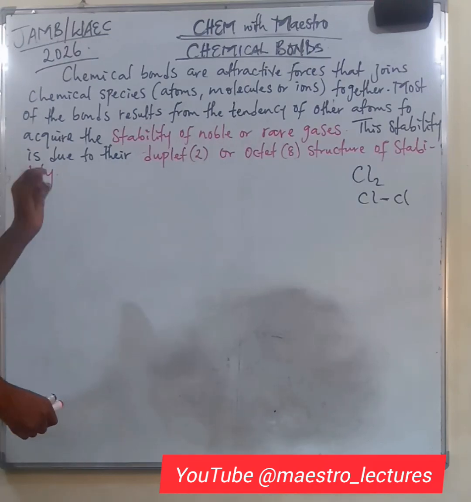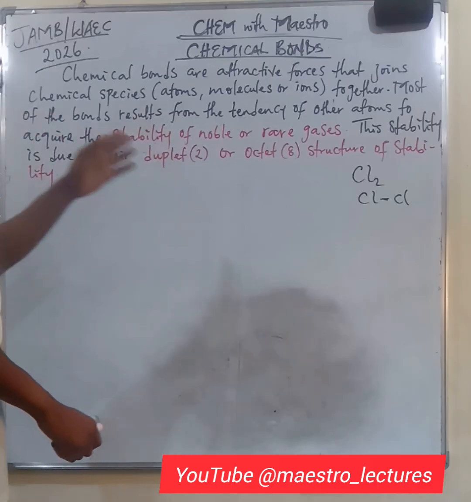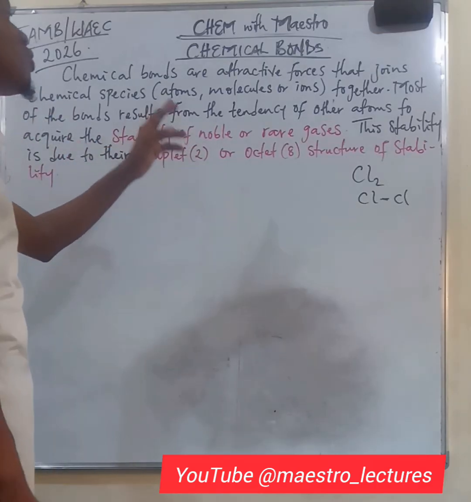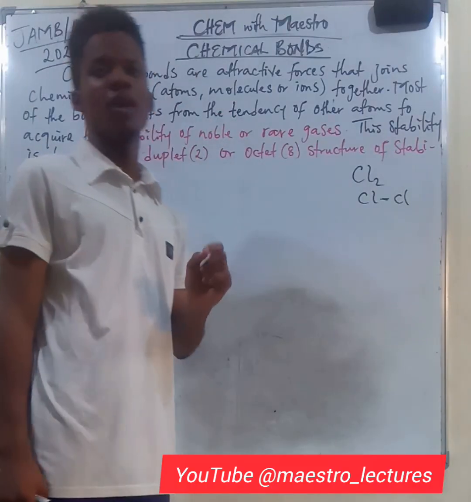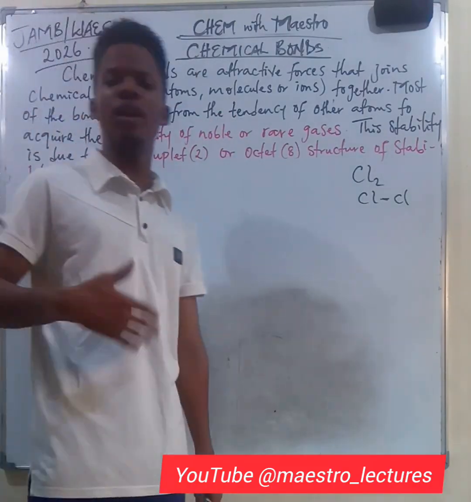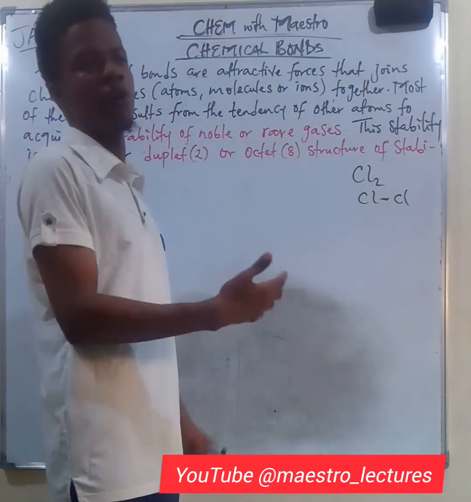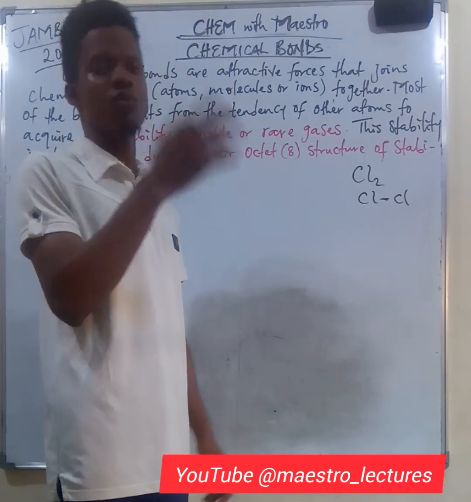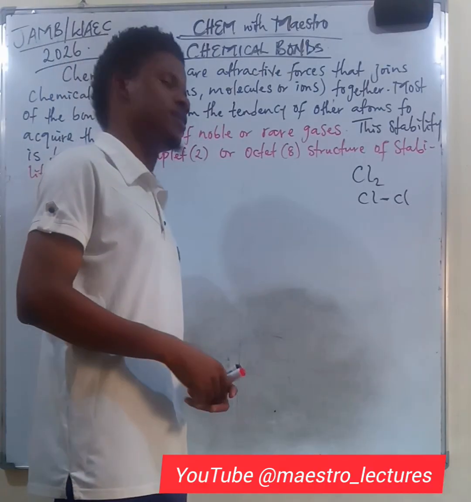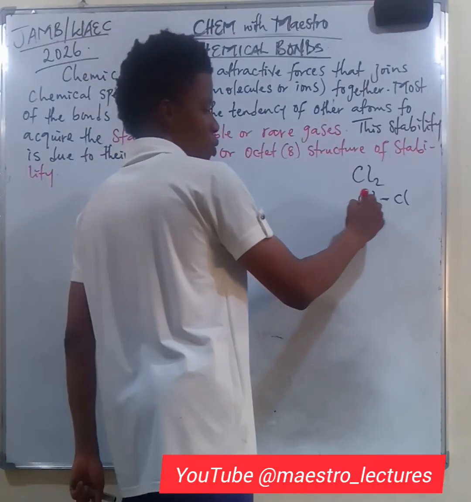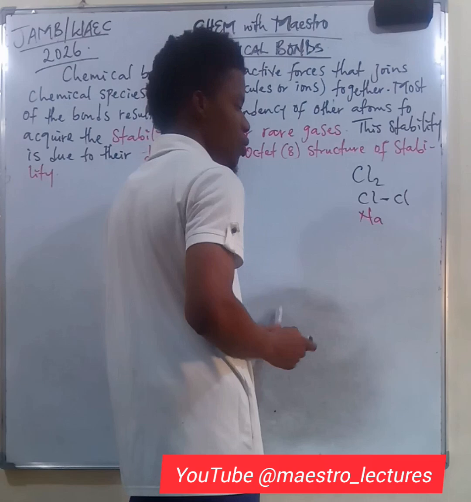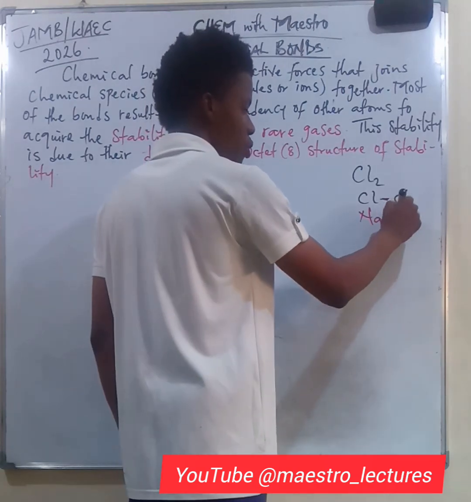Now, most of the bonds result from the tendency of atoms to acquire the stability of noble or rare gases. Now, why do elements enter into chemical combination with atoms of themselves or atoms of other elements? Why is it that sodium loves to enter into chemical combination with chlorine to form sodium chloride?